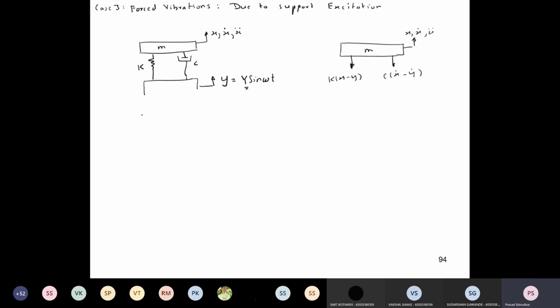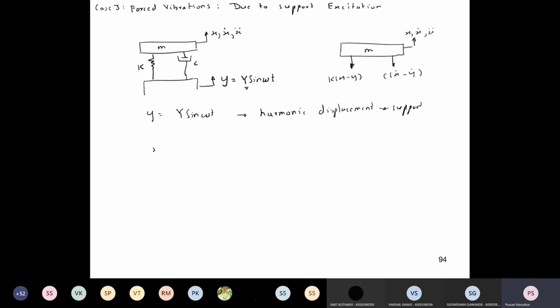Okay. So y equal to Y sine omega t is the harmonic displacement. Anything that is a sinusoidal or cosine wave applied to the support is called harmonic.